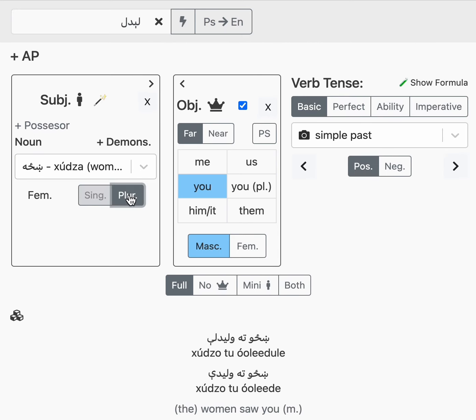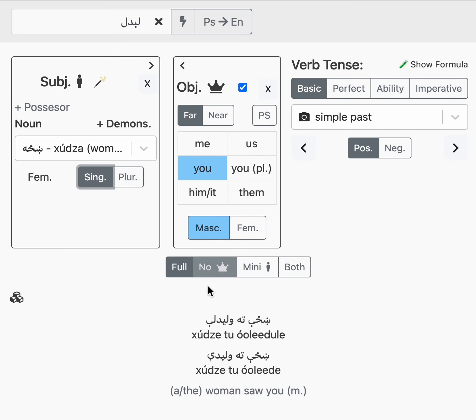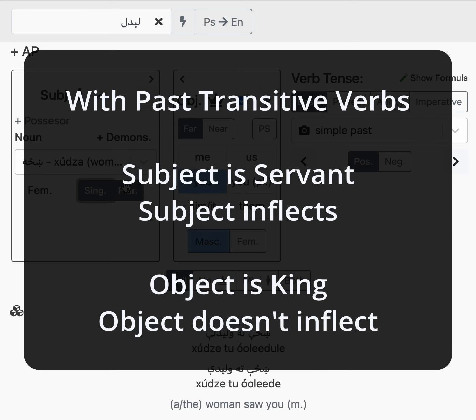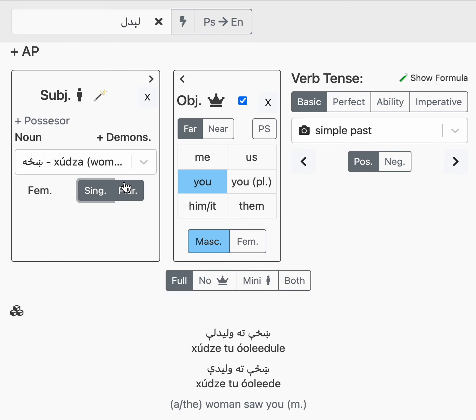If the women saw you, then it's going to be khazo ta wulidale. So here in this phrase structure, we have a subject as the servant, and the subject inflects. And we have an object, which is a king, and the object does not inflect, but the object controls the verb.